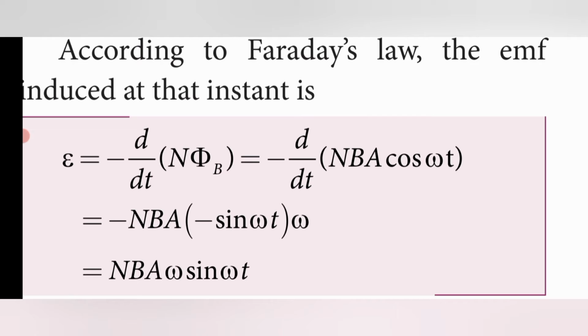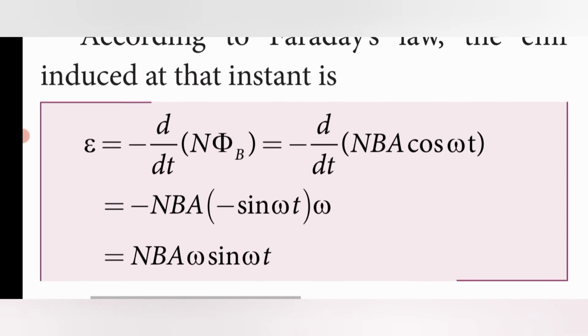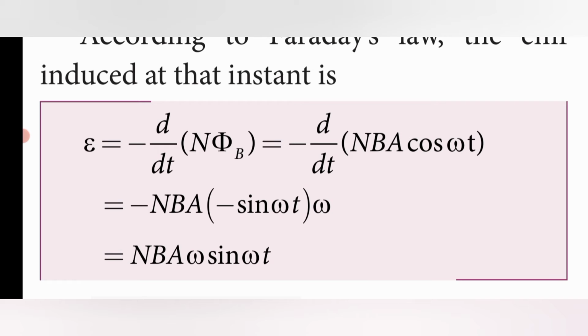The differentiation of cos omega t with respect to time is minus omega sin omega t. So minus into minus is plus, and the final answer is epsilon equals N BA omega sin omega t. So this is the value here.